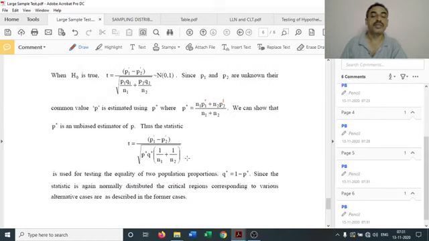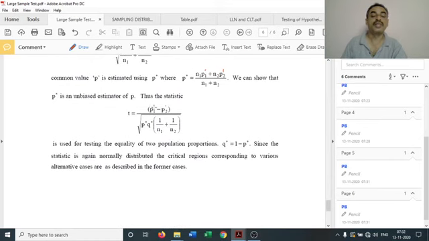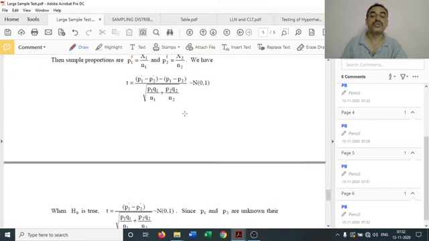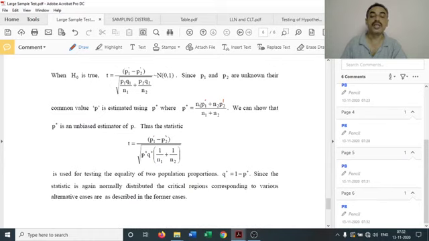Therefore the final equation of the statistic will be p1 dash minus p2 dash divided by root of p star q star into 1 by n1 plus 1 by n2, where p1 dash is x1 by n1, p2 dash is x2 by n2, p star is n1 p1 dash plus n2 p2 dash by n1 plus n2, q star is 1 minus p star. So compute all the values involved in the equation, substitute and get the value of t.